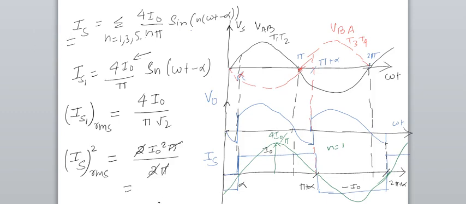So the actual source RMS current value will be I naught. Finally, I source RMS, that is I naught.